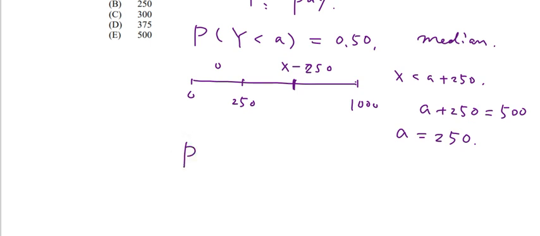For 20%, we want to find b such that P(Y less than or equal to b) is 20%.